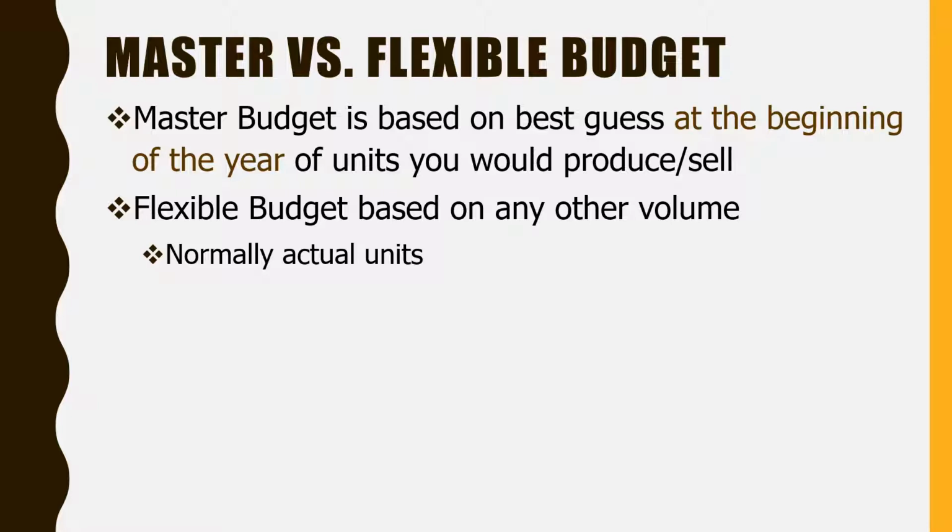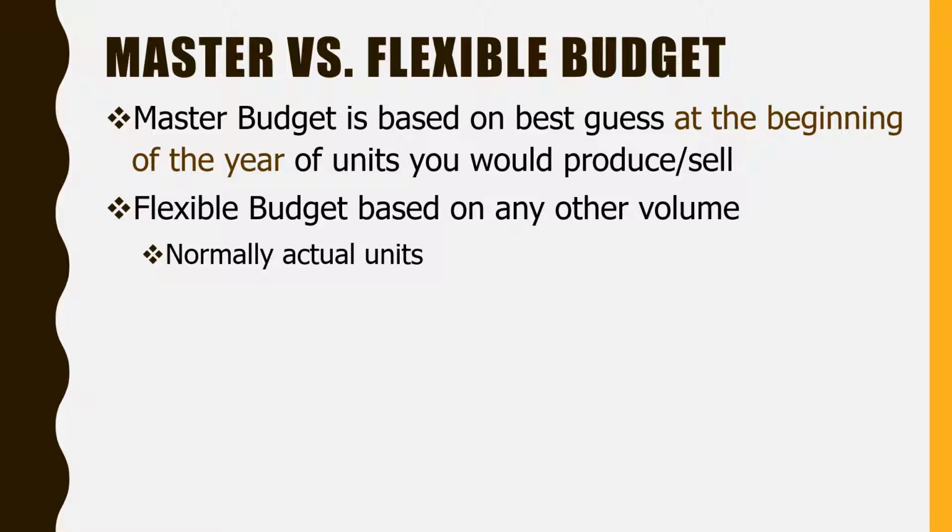But you really don't know until you work through the year exactly what your production and sales are going to be. So a flexible budget takes those same relationships you use for your master budget. If you think about it, your master budget's just a spreadsheet, so you can change some of the variables and get a flexible budget.